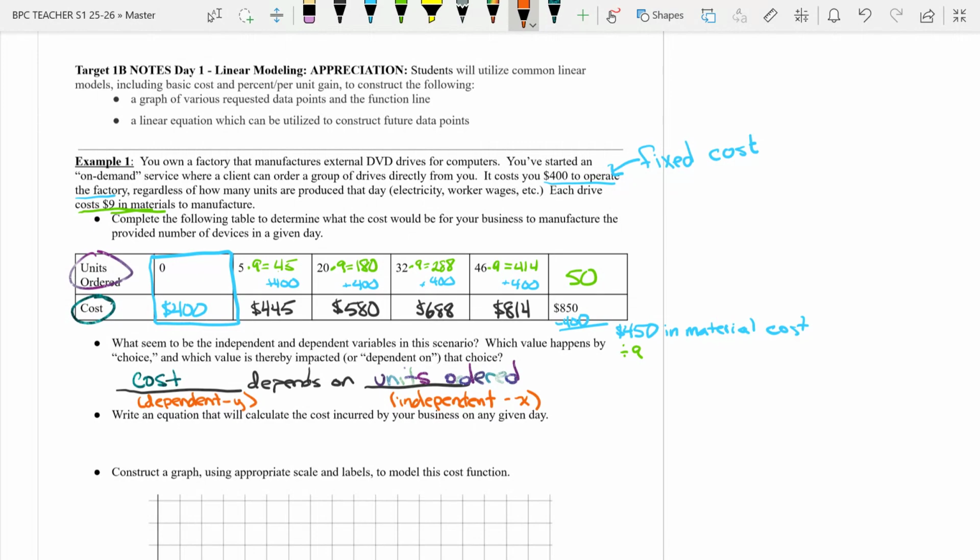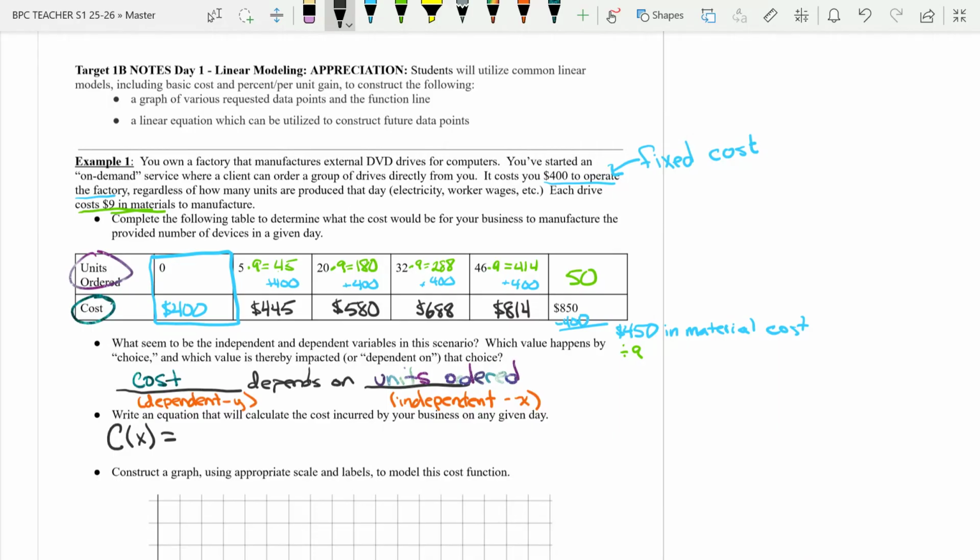Now, for my equation, this is literally just what we did to get these numbers. So instead of saying y equals, because this is a cost function, I'm going to say c of x. This is just like Algebra 2, your f of x kind of thing.